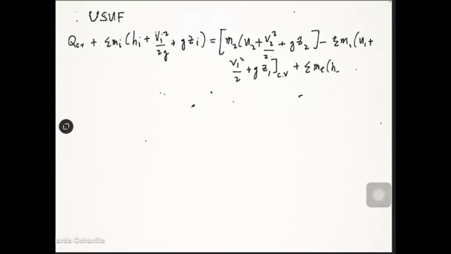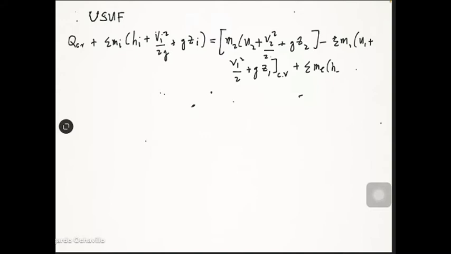So now, given a control volume here, this is your control volume, and you have this heat QCV, and it will also generate work here. So you have the work WCV.